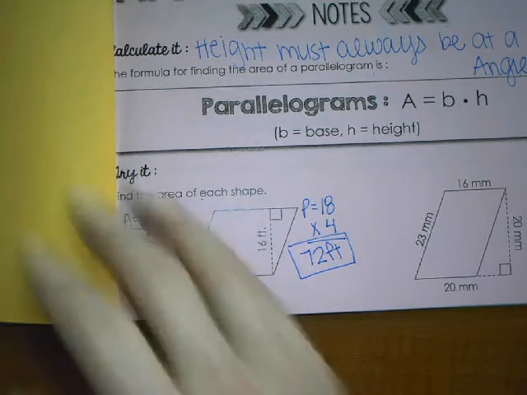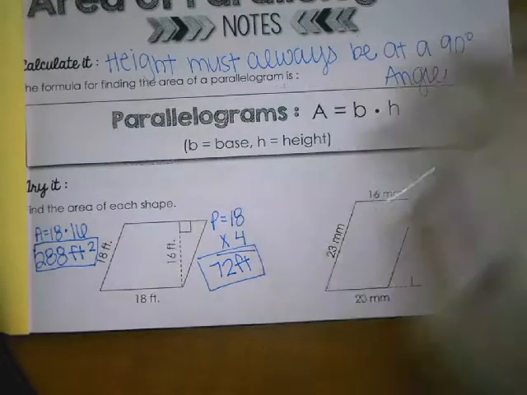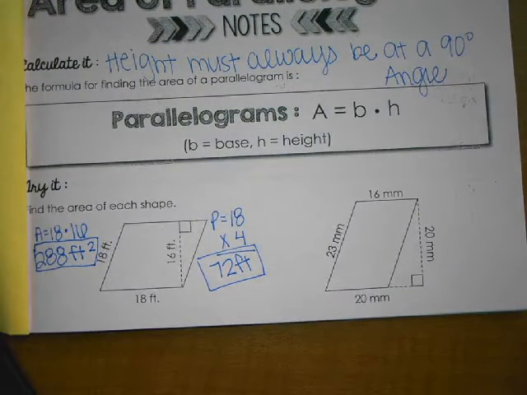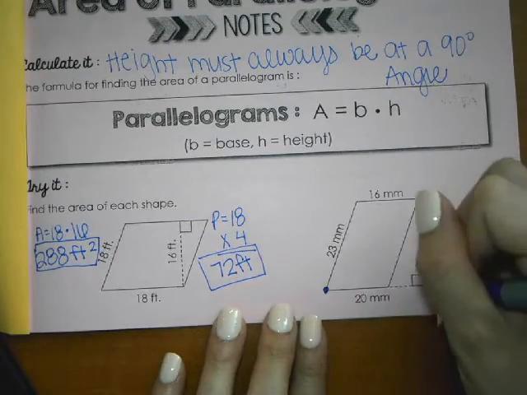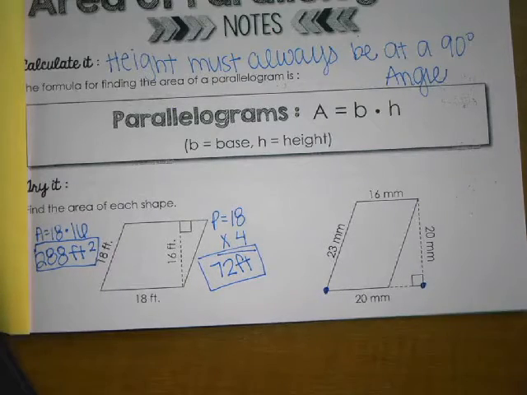Okay, the next one is tricky. Okay, I need my base. What's my base? It is 16. Why is it not 20? Eva? Very good. That 20, guys, goes all the way to that dotted line.